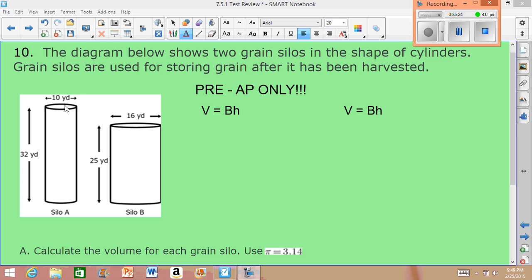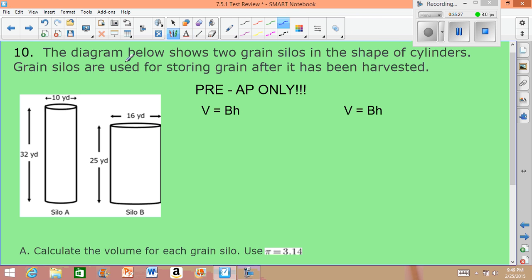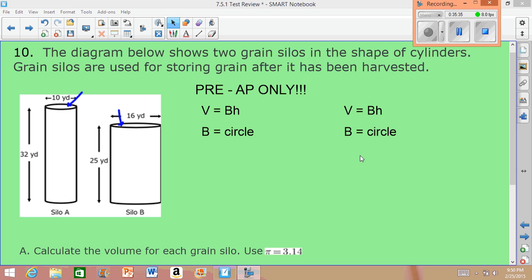Since they are cylinders, we are talking about our bases being circles. So we're looking at the circular base for each one. We're going to replace the big B with a smaller formula. You can go to your formula chart, and the area of a circle is pi times radius squared.